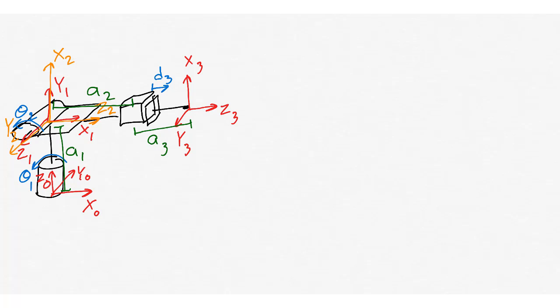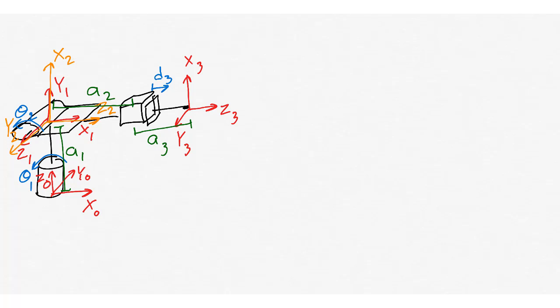Here I've drawn the kinematic diagram for the Spherical Manipulator. Remember that when we assigned the frames according to the Denavit Hartenberg rules in a previous video, we learned that we had to move the 2 frame back onto the center of the second joint from where we originally drew it and the center of the third joint in order to obey all 4 of the Denavit Hartenberg rules for assigning frames.